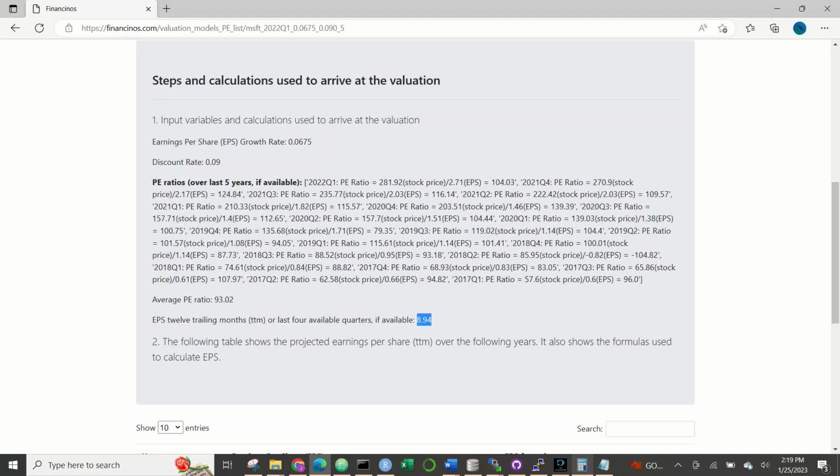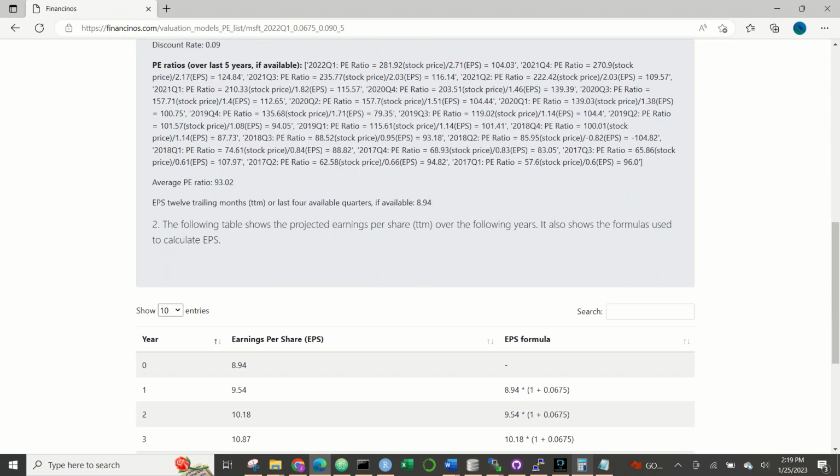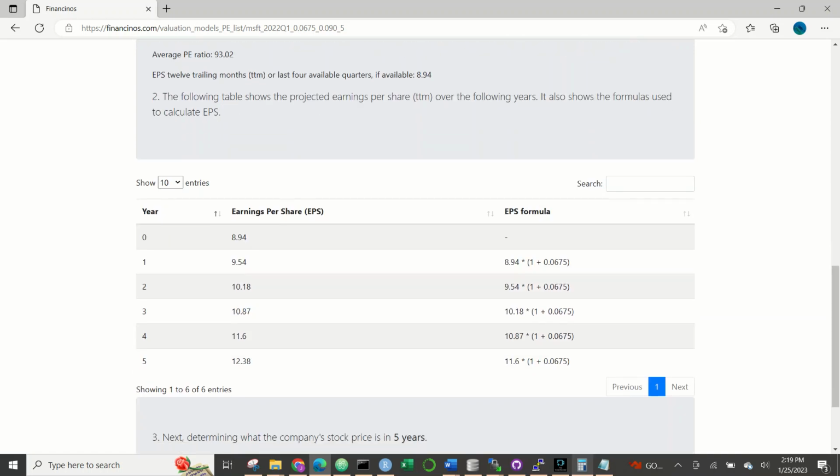So our earnings per share, trailing 12 months or last 4 available quarters, was 8.94. Those were all of our input variables.